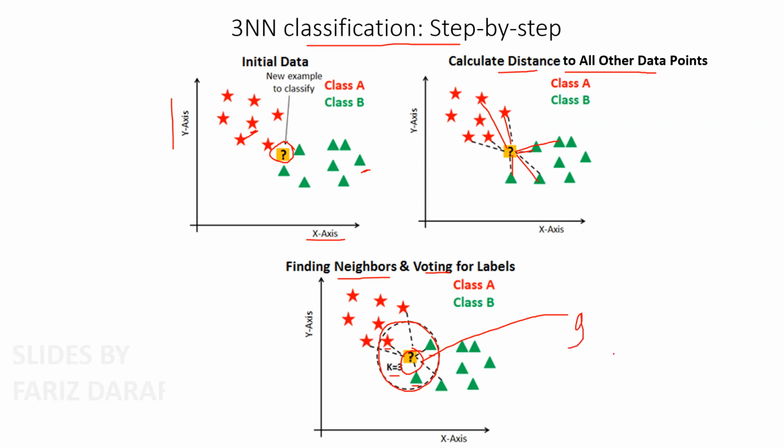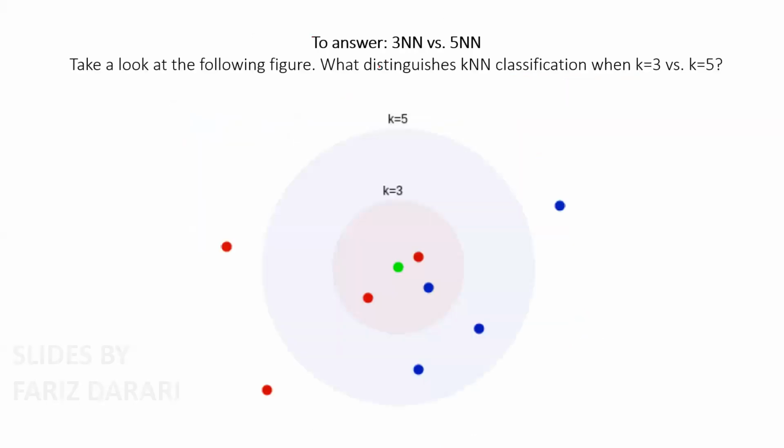Okay. So now a question for you. I'll give you 5 minutes to think about it and devise a possible answer. Take a look at this figure: what distinguishes the kNN classification when k is set to 3 versus when k is set to 5?